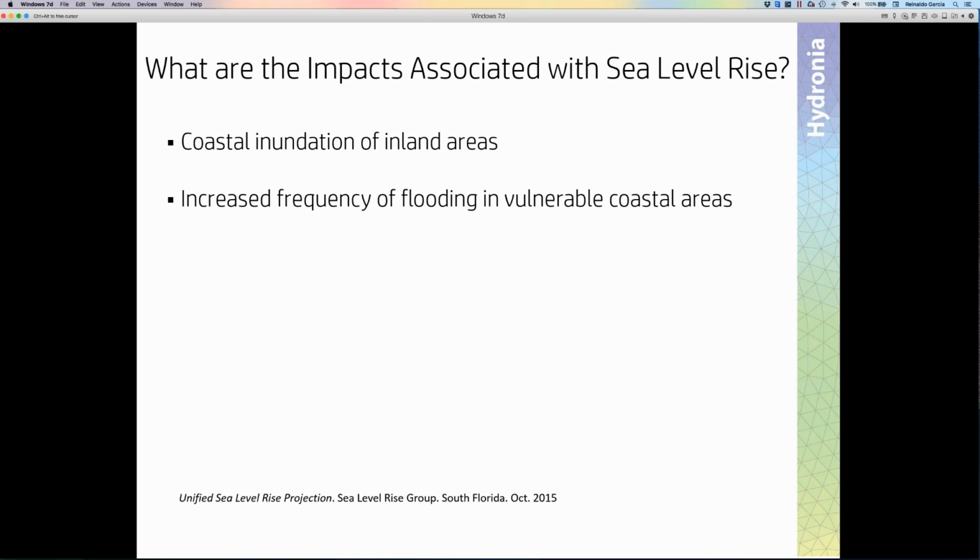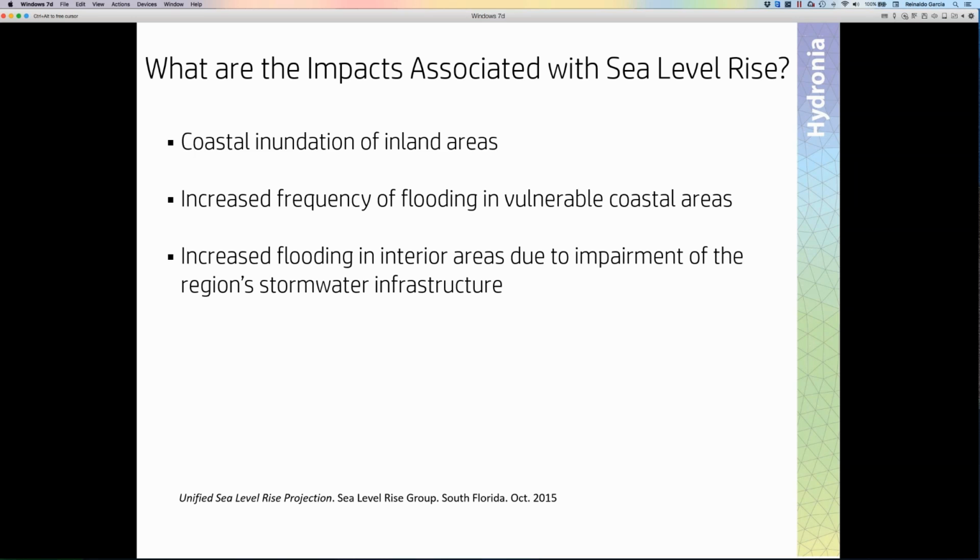He's already getting flooding in his house from the maximum tides, and that's remarkable because you don't need a high storm surge or hurricane or things like that. It's just the tidal influence combined with the sea level rise that is causing these effects. As I said before, the increase of flooding in interior areas affects stormwater infrastructure.